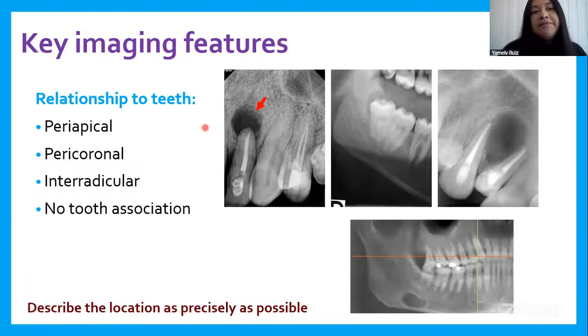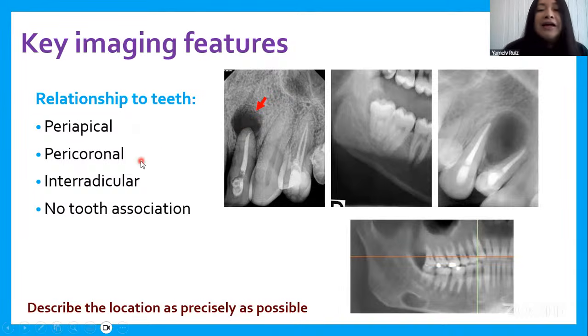Another key imaging feature that is a clue is the relationship of the lesion to the teeth. It's very important to describe the specific localization as precisely as possible because that gives us very important information, and with this information we can reduce the differential diagnosis that we keep in mind. For example, if the lesion is periapical, maybe I will reduce to a few possible first diagnoses.